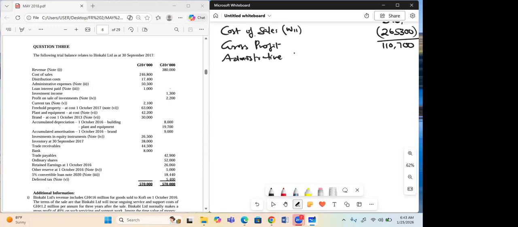Administrative expenses, 38,500. Then distribution expenses, 17,400.